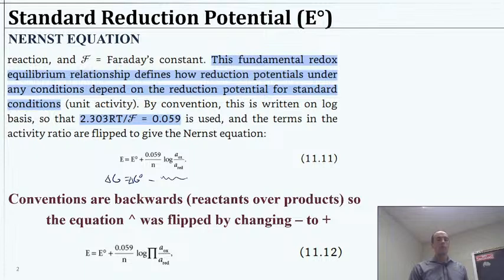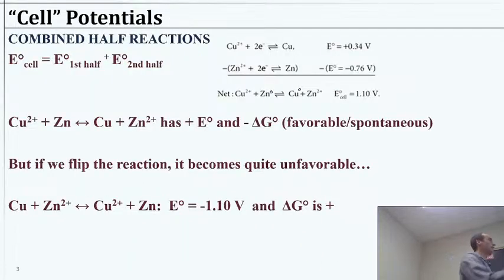Minus all that stuff, right? So the relationship here is basically, it's almost a negative of the other. So it's not exactly, but we can kind of imagine it that way. So when the standard reduction potential is positive, the delta G is going to be negative. That means it's going to be spontaneous, likely favorable, right?